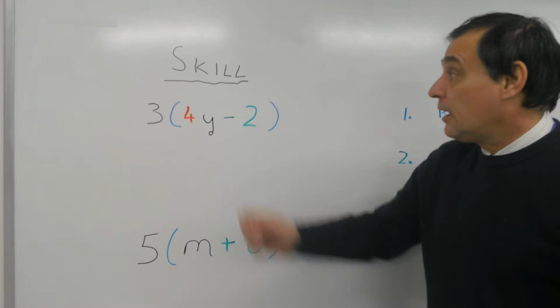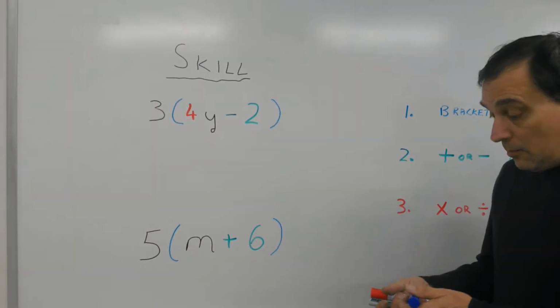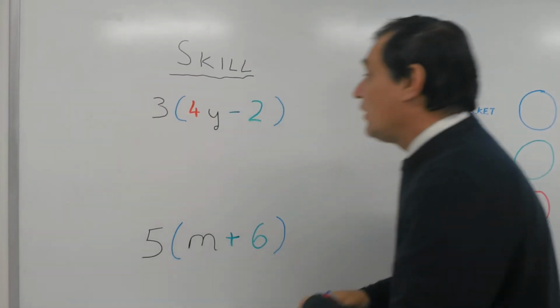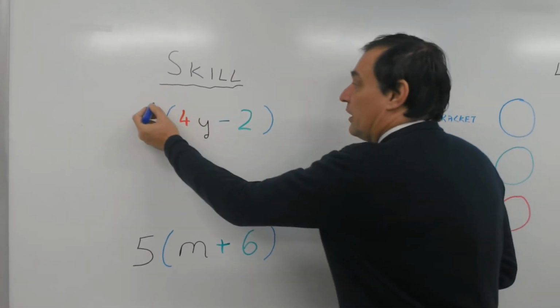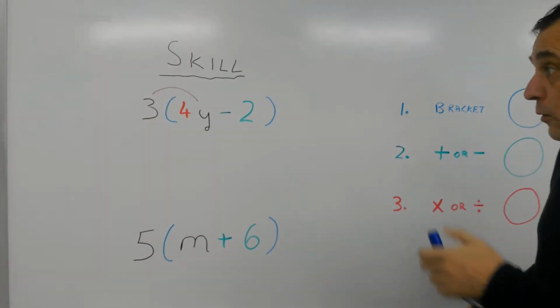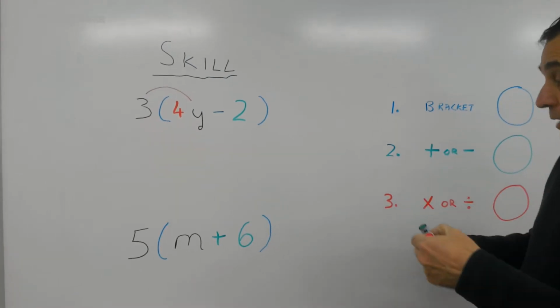Let's do a recap. If I've got a bracket of 3 lots of 4y minus 2, what I've got to do is multiply all of the elements that are inside the bracket by that number outside of it. So in other words, I've got to multiply the 4y by 3 as my first stage.